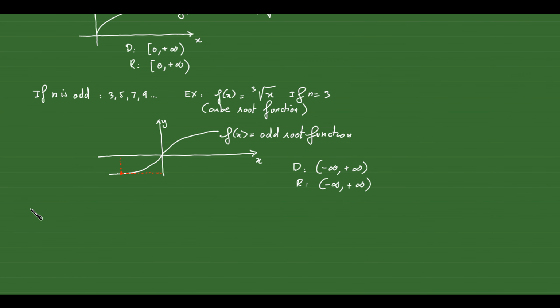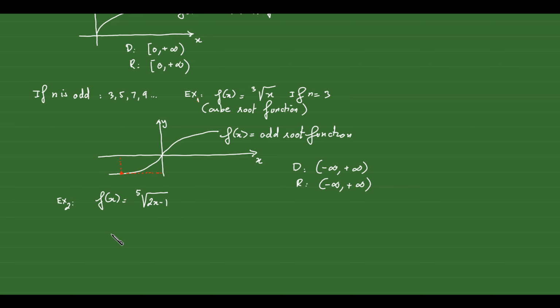Another example. So this is example 1. Another example I can have for the odd root function is the fifth root of 2x minus 1.